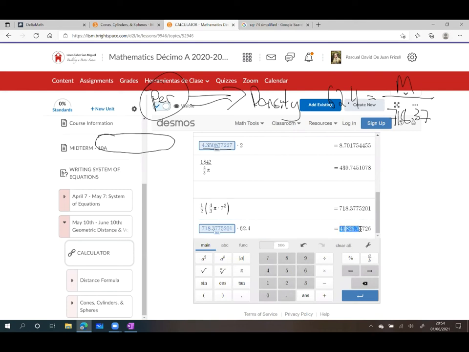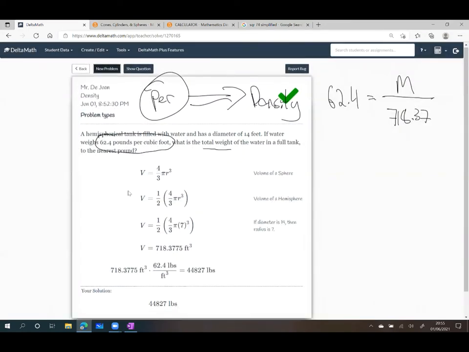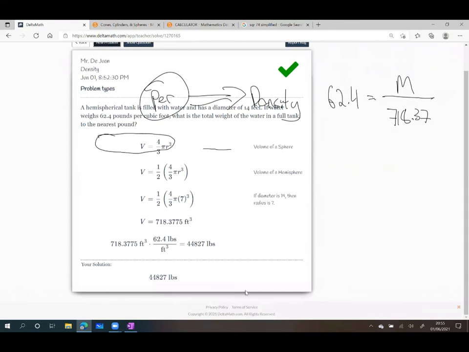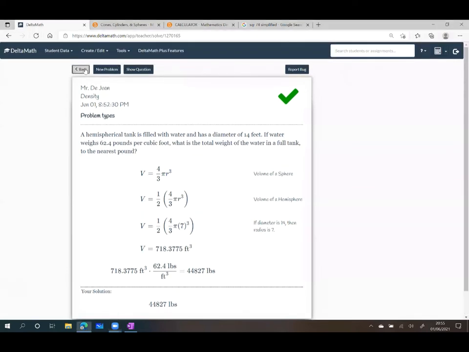There's the number that we need for the mass. Copy it over. If it's asking us for the nearest pound, well, 0.75 rounds up, so we type in a 7 instead of a 6, and there we have it. Don't rush it. Take your time, and above all, read carefully, chicos. It's all about reading.